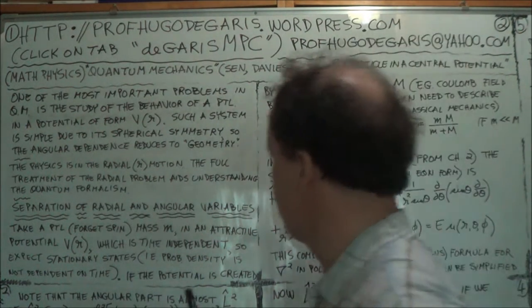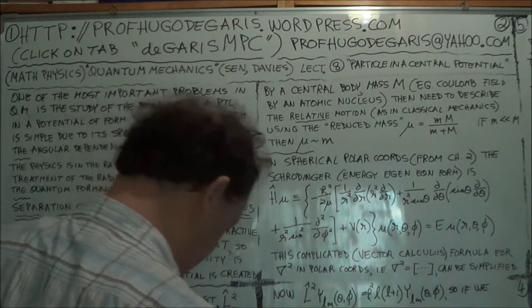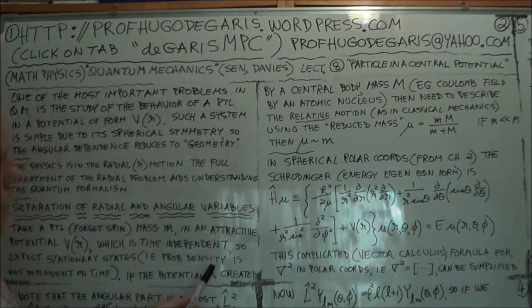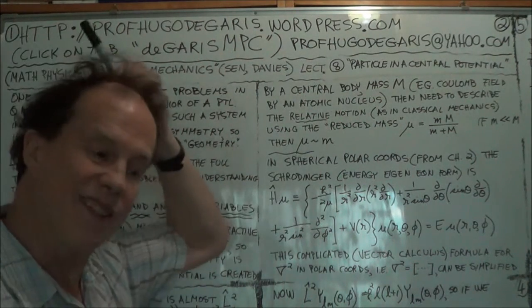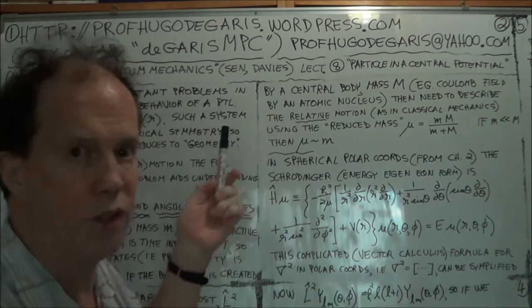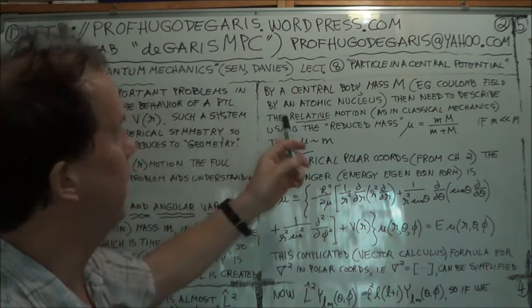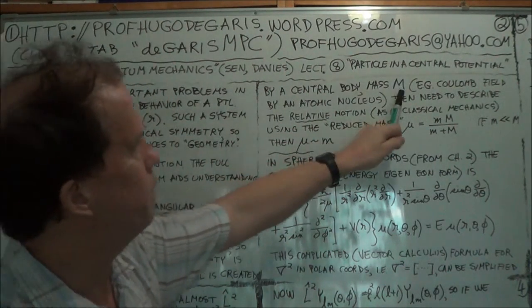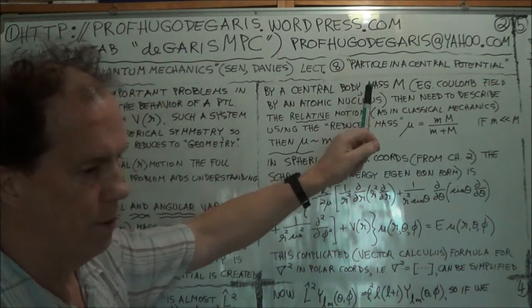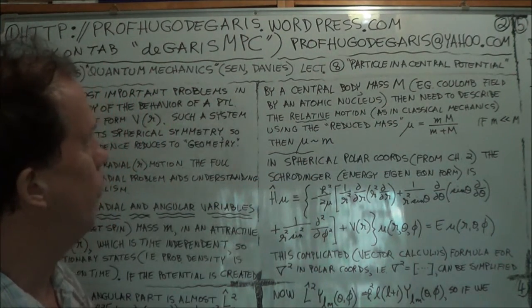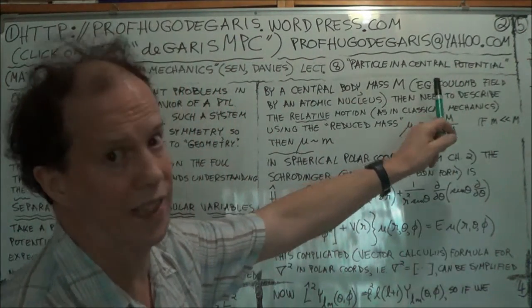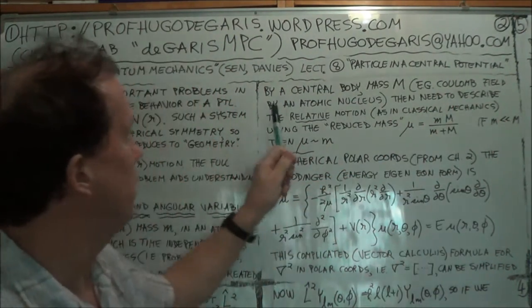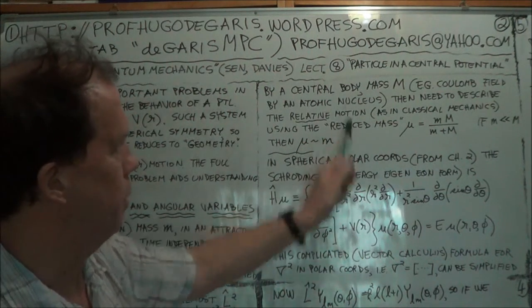Okay, now let's assume this potential. So it's created by some central body. Well, the obvious example would be the nucleus in the context of talking about an atom. And say the central body has big mass M. So, for example, the Coulomb field, just the electrical potential generated by an atomic nucleus.